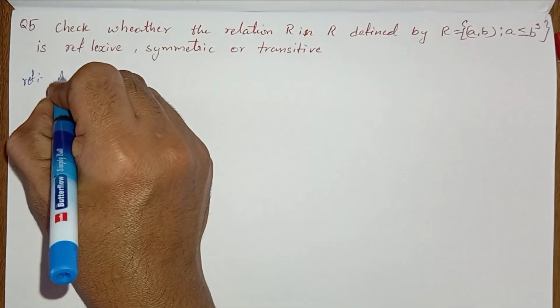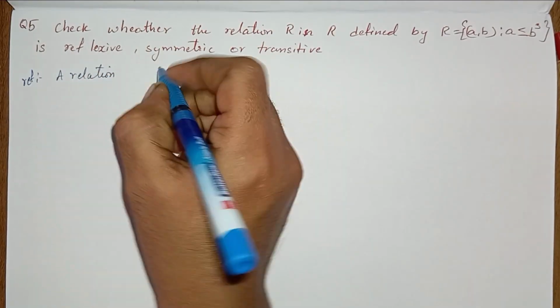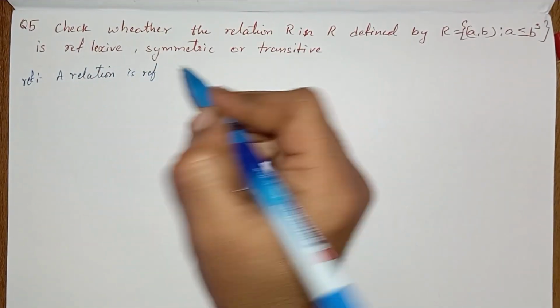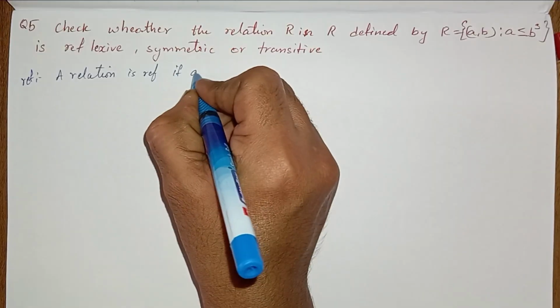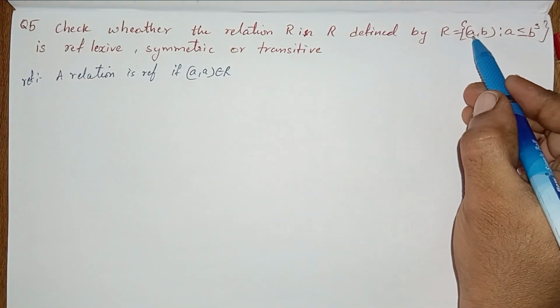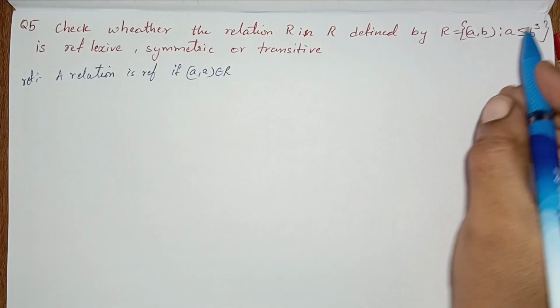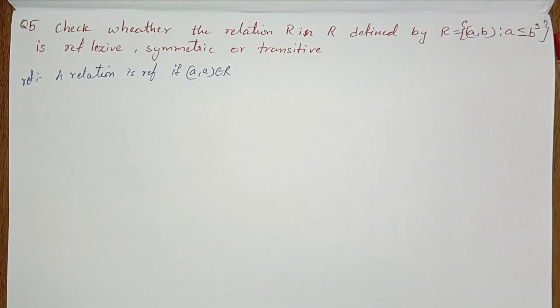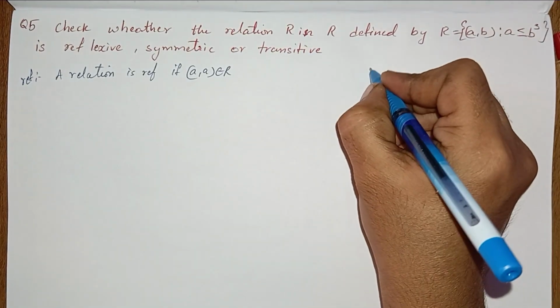If a relation is said to be reflexive, then A comma A should belong to R for every A value. So here, instead of A comma B, we have to take A comma A.